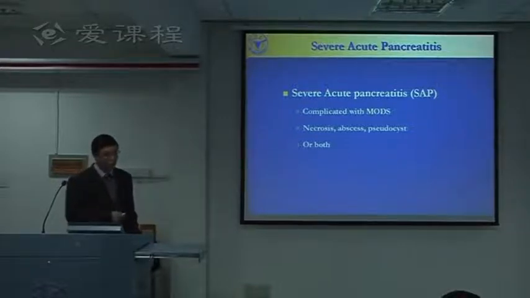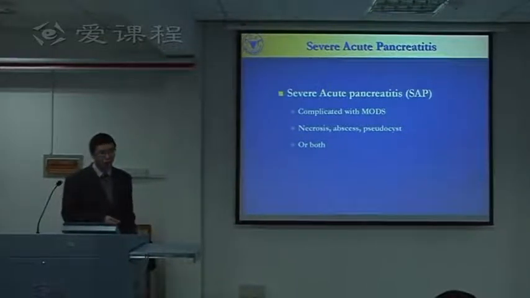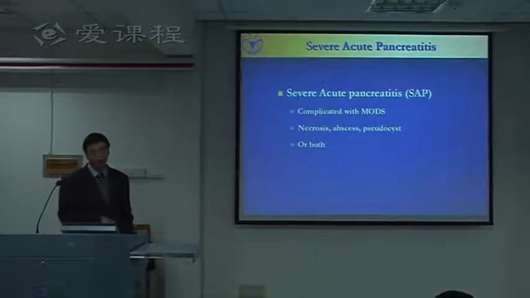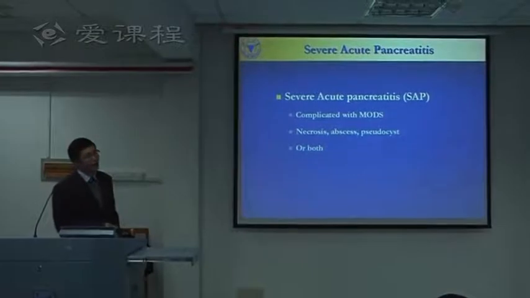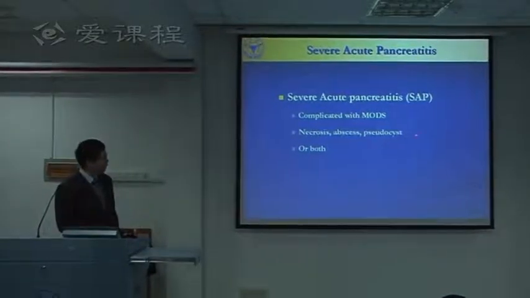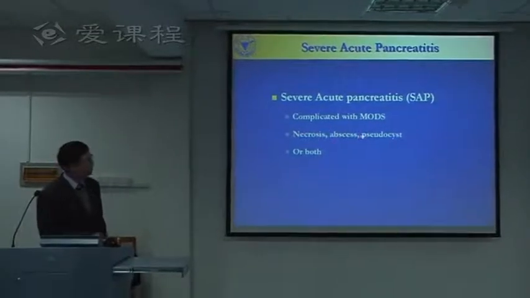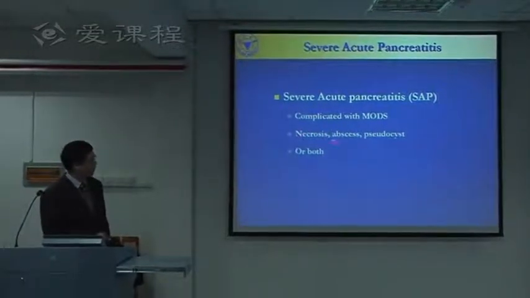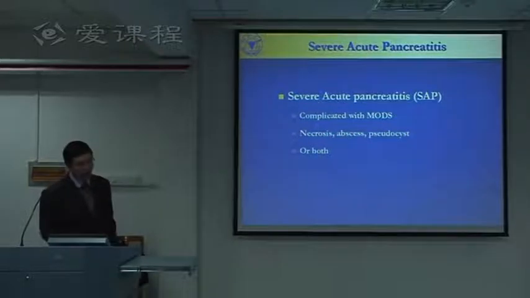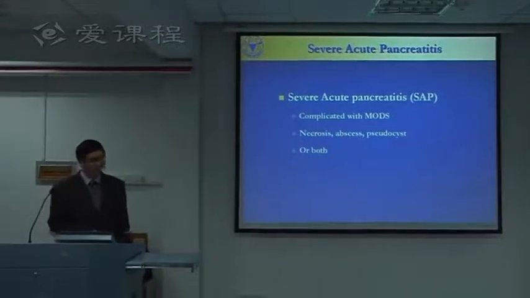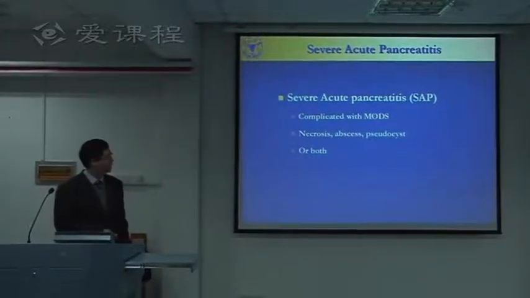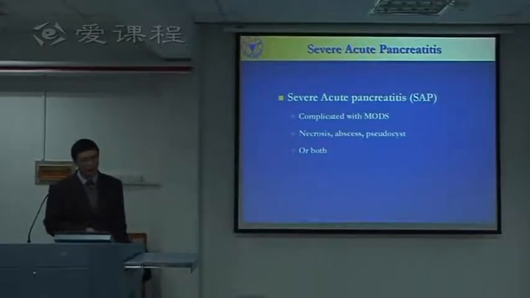By definition, pathologically the pancreas has hemorrhages, necrosis, maybe pseudocyst. If there are local complications, necrosis, abscess, or pseudocyst, we can say it is severe acute pancreatitis.